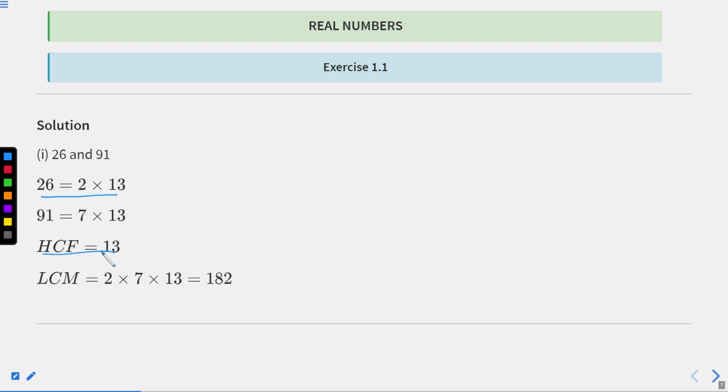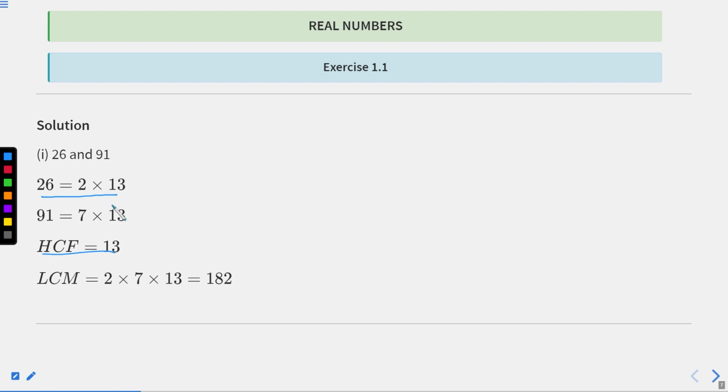The prime factors are 2, 13 and 7, and the highest powers of each are 2 to the power 1, 13 to the power 1, and 7 to the power 1. So the LCM of 26 and 91 is equal to 2 into 7 into 13, which is 182.